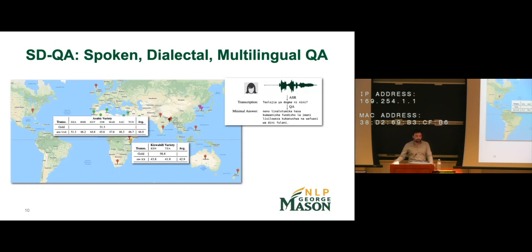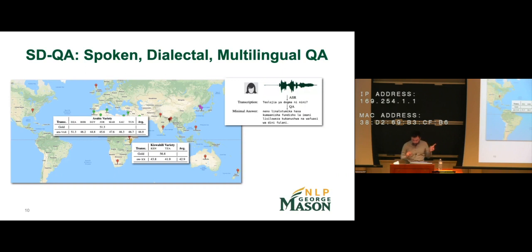We used the publicly available Google ASR systems, which can be localized by language. Often the localized system doesn't work as well as the generic, say, Arabic system or the generic English system. I have the results in the paper, but here I'm just showing you the best results we got for each variety.